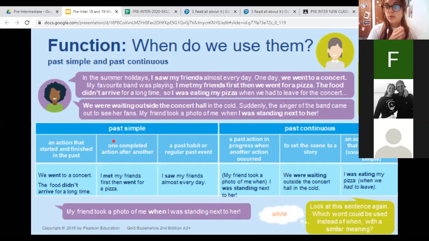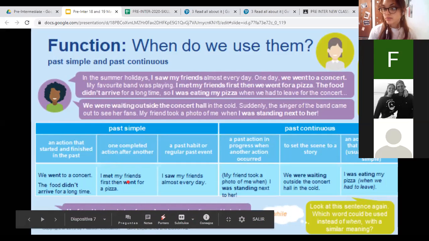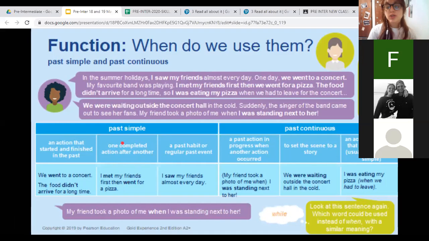So one completed action after another. I met my friends and then we went for a pizza. This is usually for stories. I woke up, I got to school, and then I met my friends. One after the other. And the last one is a past habit or regular past event.